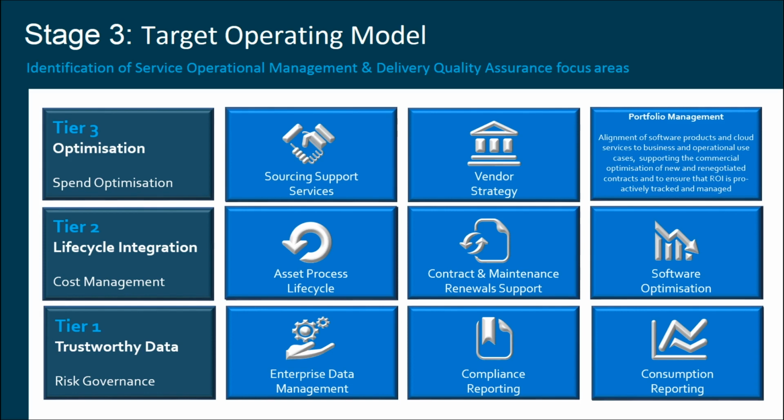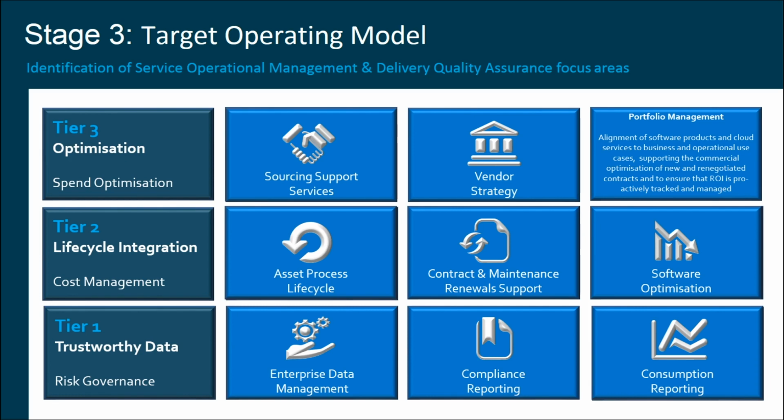What we see is those three tiers aligned to ISO standard. If you take a top-down view, tier 3 optimization absolutely looks at the sourcing procurement standpoint of how do I contract for something and drive the value. Tier 2 is about how I make best use of that investment in its life cycle. Tier 1 is, do I have the trustworthy data to make meaningful management decisions?